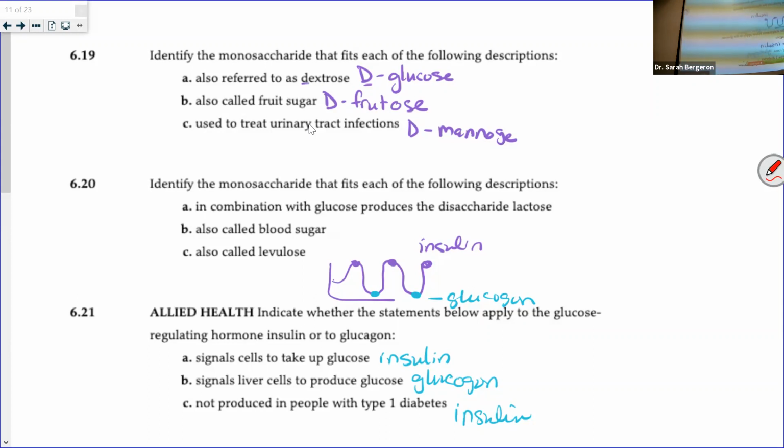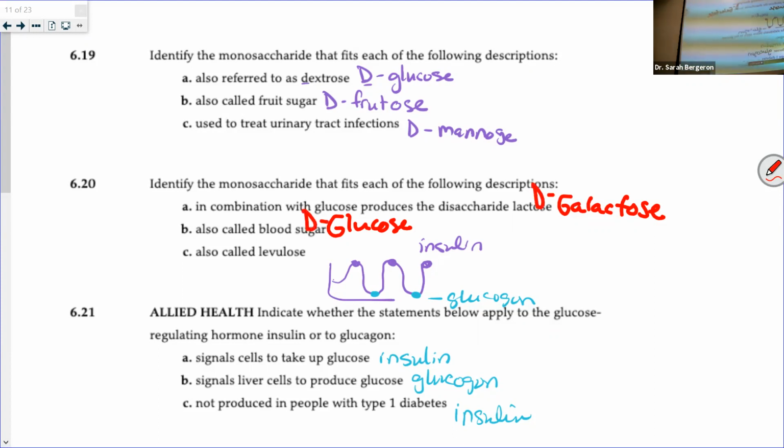Galactose. So this one is galactose. It is also called blood sugar. Glucose. You've probably heard your blood glucose levels, right? So it's glucose. And what could I add on here? I could say it's D-galactose, I could say it's D-glucose. Because every sugar in nature is the D form.